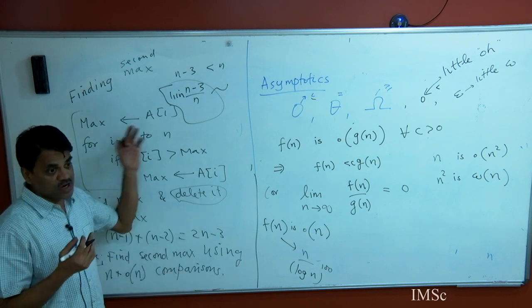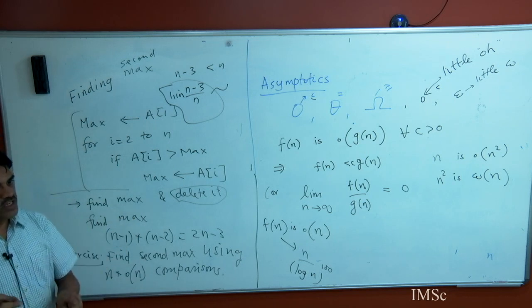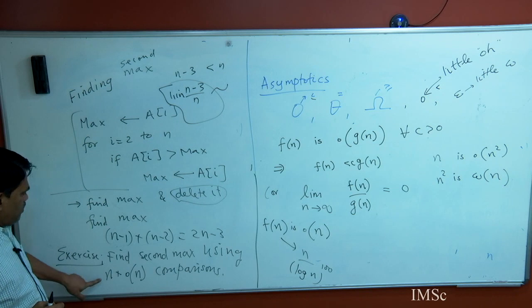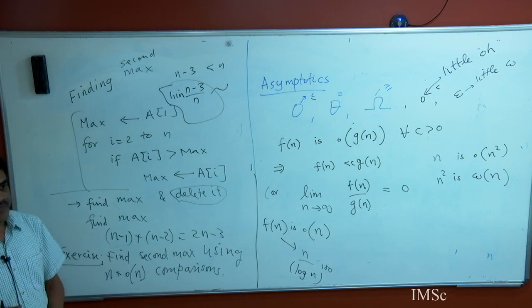It is 1, not 0. So n minus 3 is not a strictly slower growing function than n. I am asking for an algorithm where the leading term has 1 n and the remaining should be a little o of n number of comparisons.